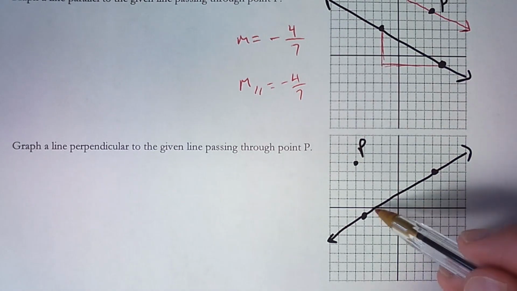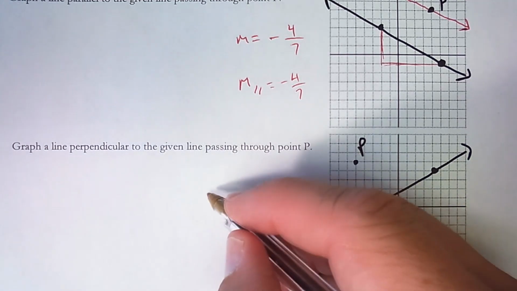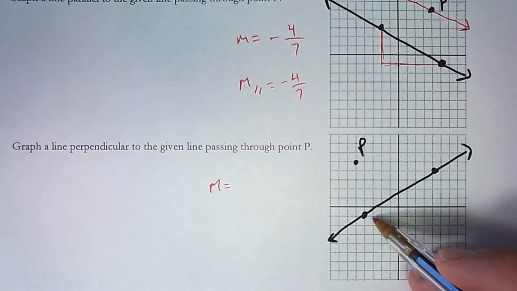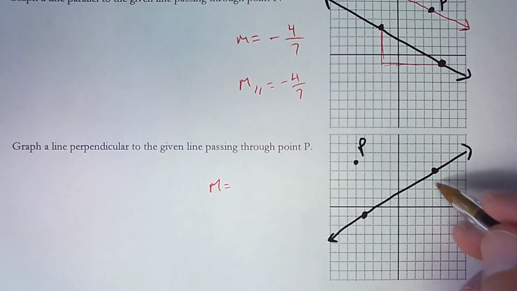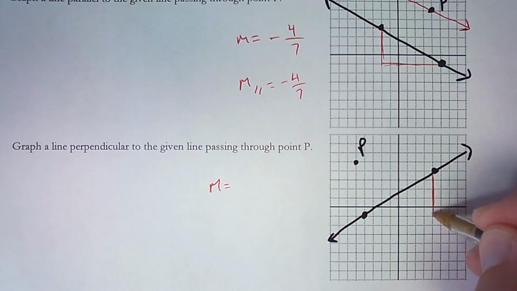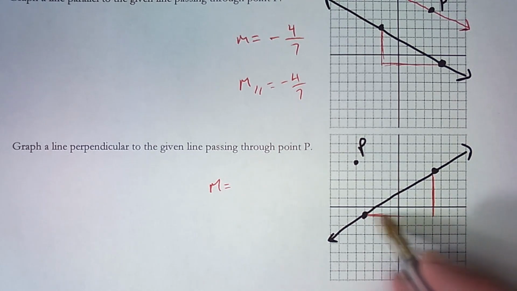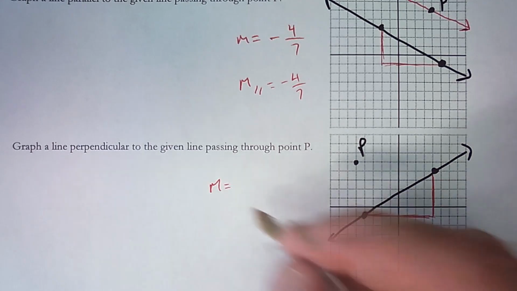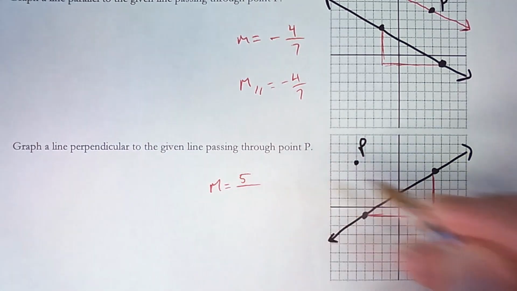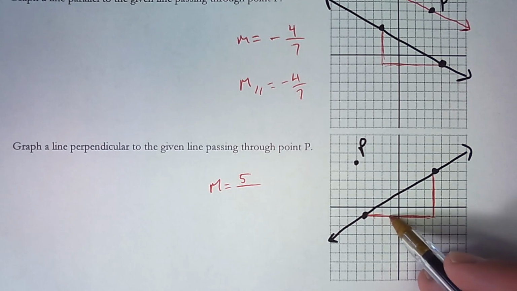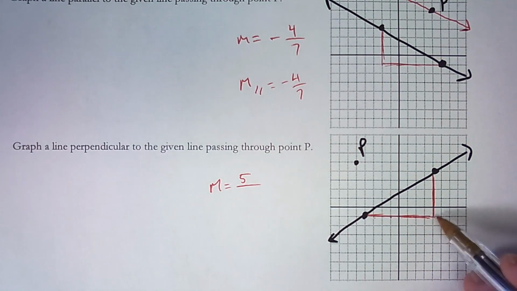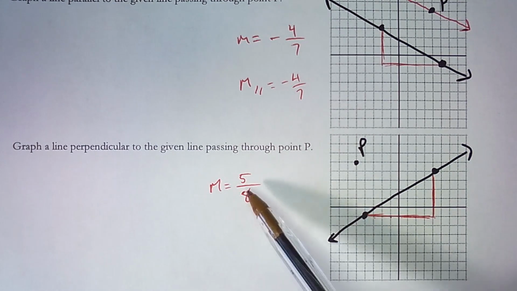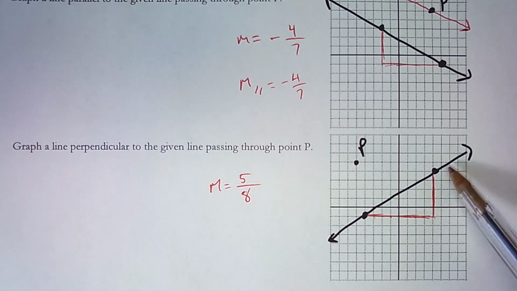Next is a line perpendicular through point P. So the slope of this line is positive. So here's a triangle, and I'm going to count the rise. 1, 2, 3, 4, 5. And the run, 1, 2, 3, 4, 5, 6, 7, 8. So the slope of this line is 5/8.